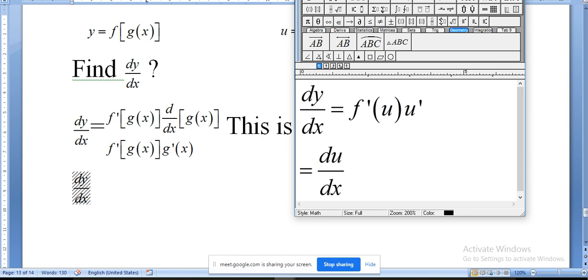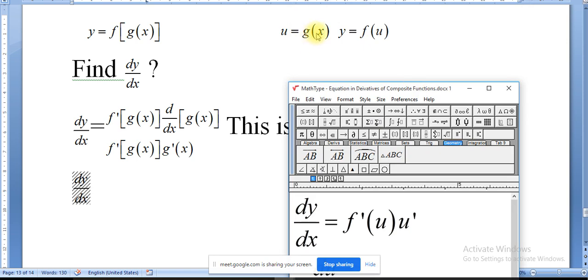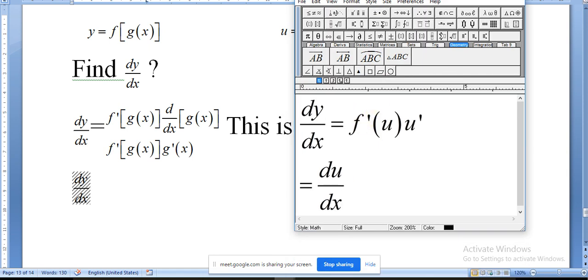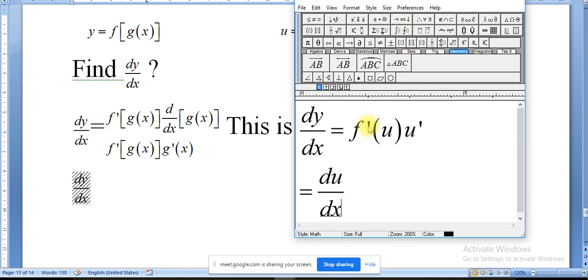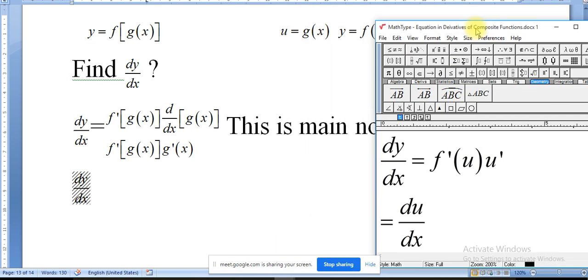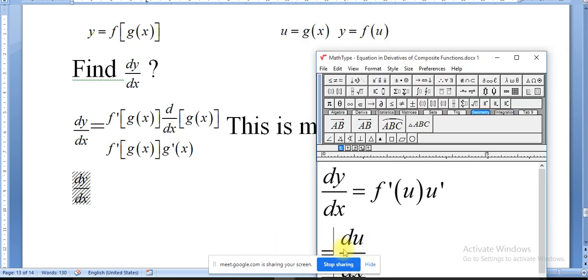As we say dy by dx is y dash, u dash is nothing but du by dx, because u is some function of x. And what is f dash? I am differentiating f with respect to u. So f dash of u means dy by du.